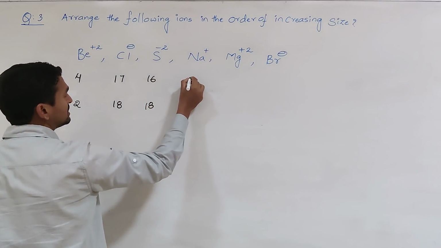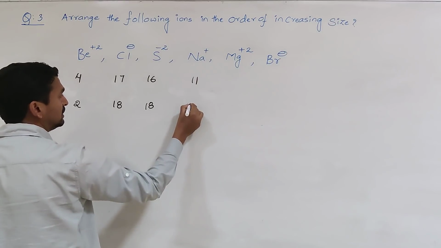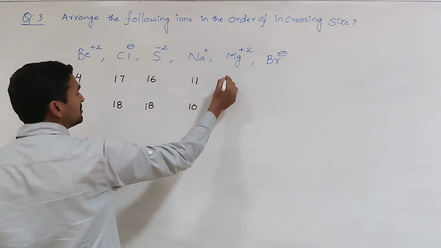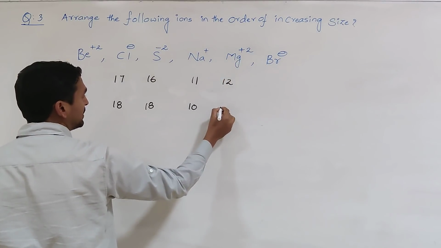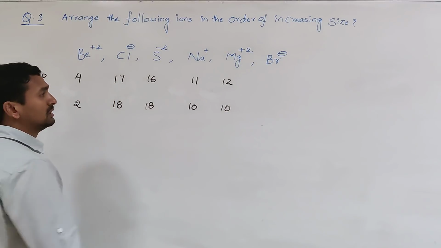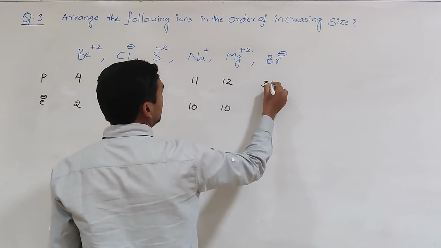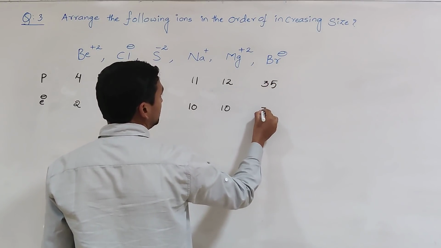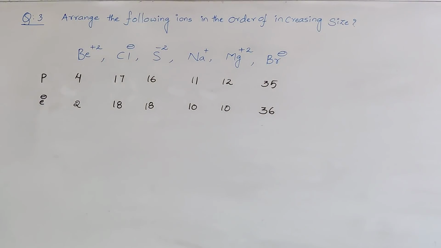Sodium, Na plus, has 11 protons and 10 electrons. Magnesium has 12 protons, and with 2 charges you subtract 2, so 10 electrons. Bromine has 35 protons and 36 electrons. So these are the numbers of protons and electrons present.